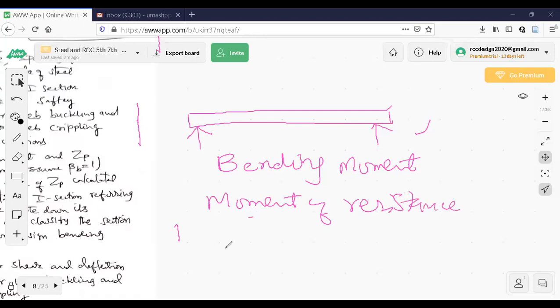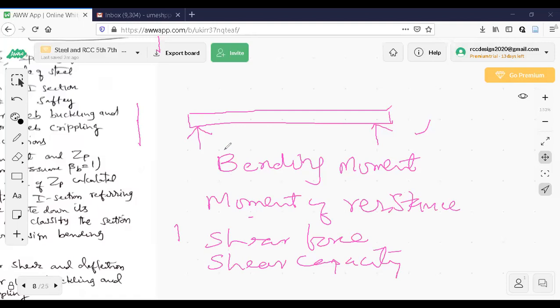Then I will write here shear force. Then I will write shear capacity. Observe this one. The question asked to you is how you design a beam, whether it is steel or RCC.